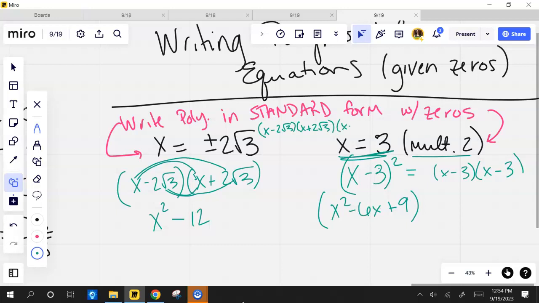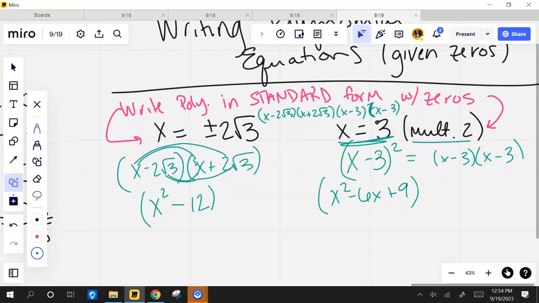No, it's the same problem. I'm fixing to put them together. And I got to multiply all that out. So now we'll put these two together.